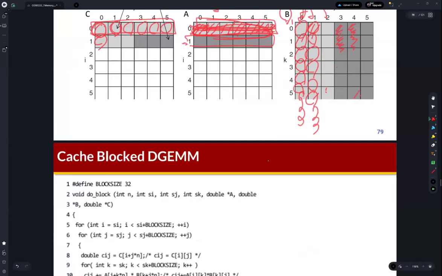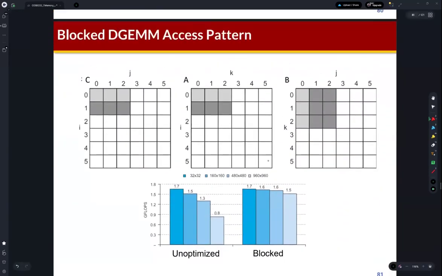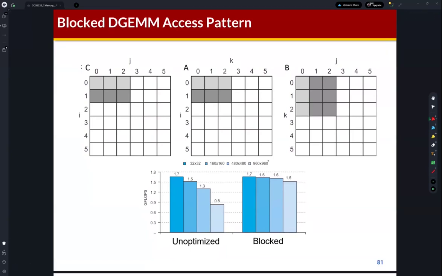We can partition the matrices. We can apply the enhanced algorithm that utilizes partitioned submatrices. Okay, so this is the matrix multiplication using partitioning. What is the benefit of partitioning? If we use smaller submatrices, then we can reduce the size of matrices.